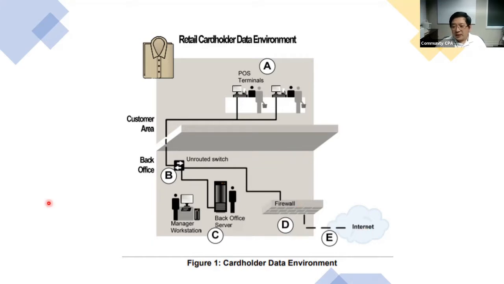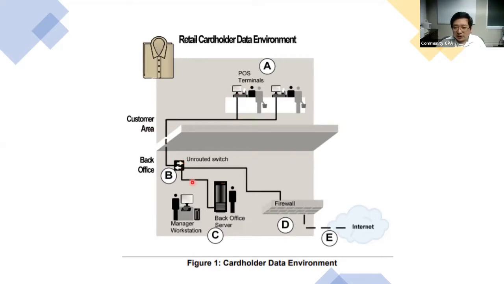And this gray area we call the retail cardholder data environment. Why do I say that? Because the customer gives the credit card to the cashier, who swipes the card, and the data will flow into your switch.